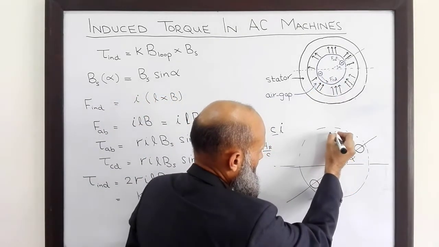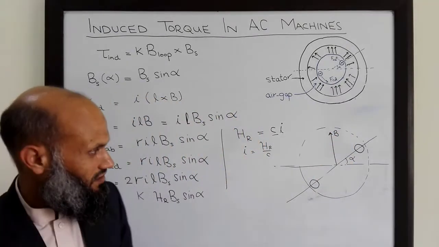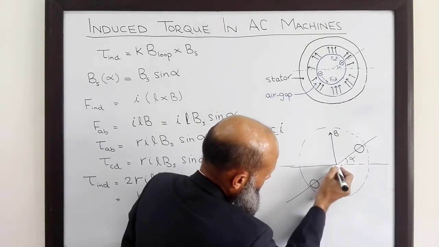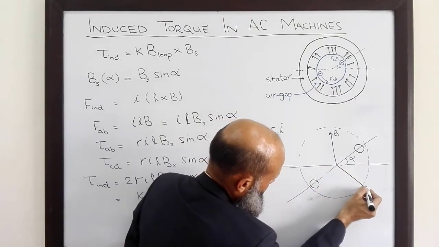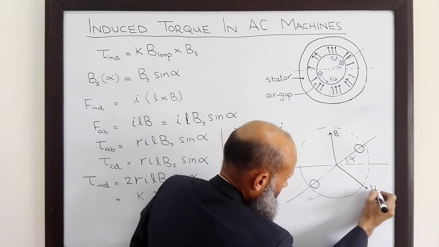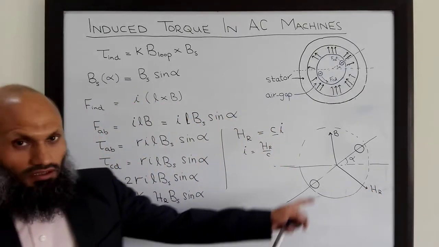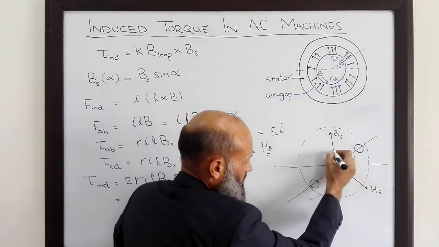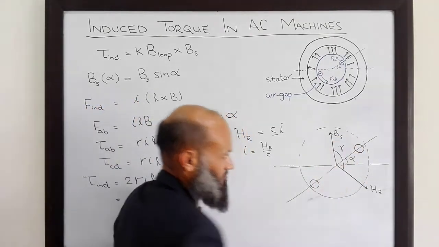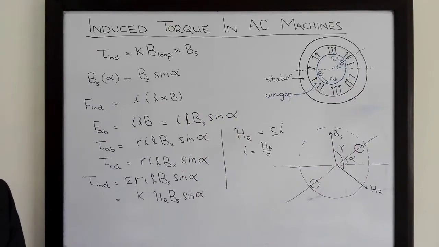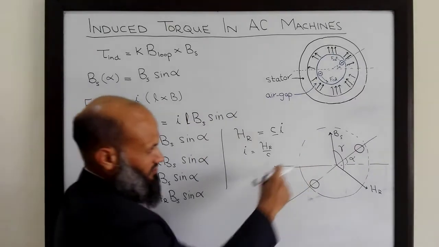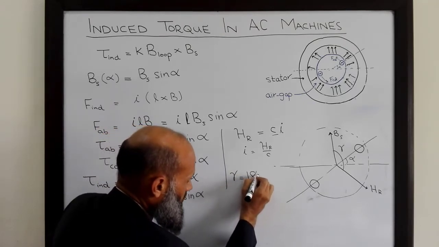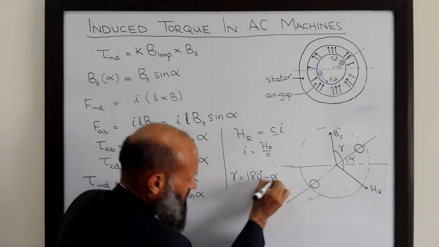Bs is directed upwards, and HR is perpendicular to the surface of this coil. The angle between Bs and HR, let's denote it by gamma. So what we observe from this diagram is that gamma is equal to 180 degrees minus alpha.